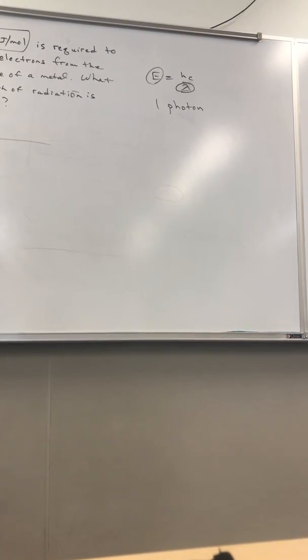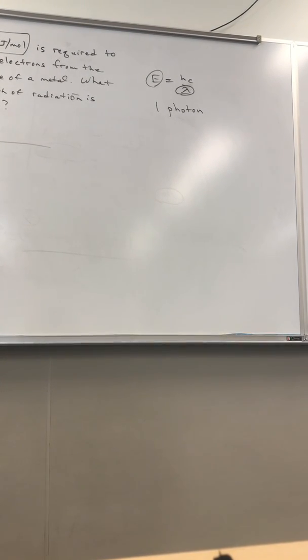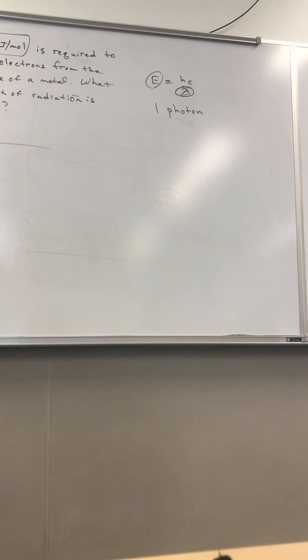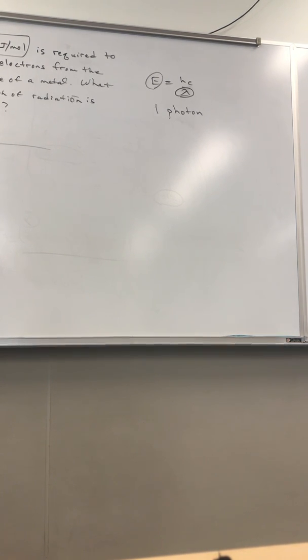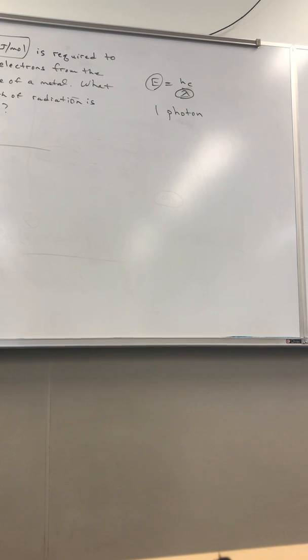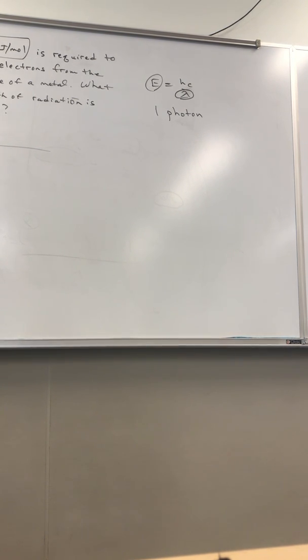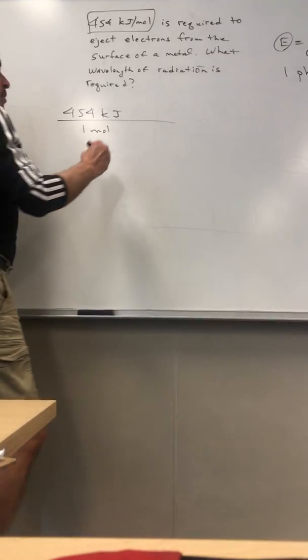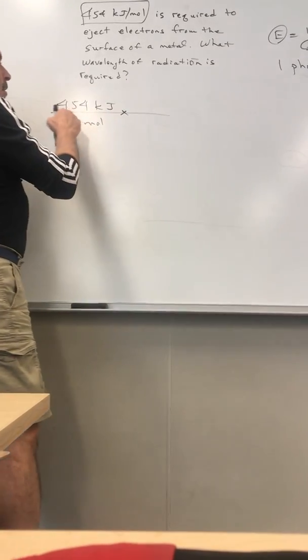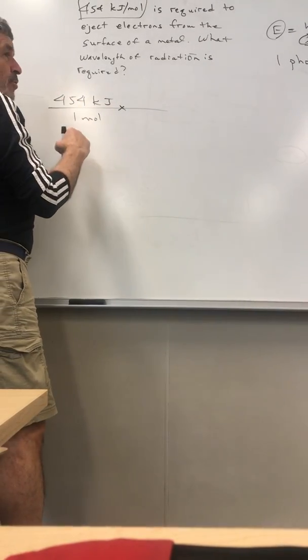What is the unit for energy in that equation? Joules. So we have two conversions to make. We need to go from here to joules, and we need to go from here to particles. So let's do both of those conversions. Let's work on this one first: kilojoules to joules.